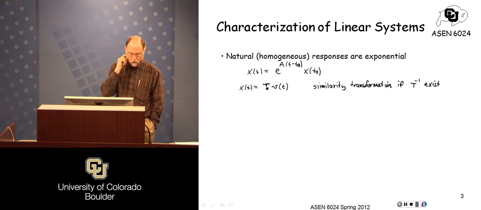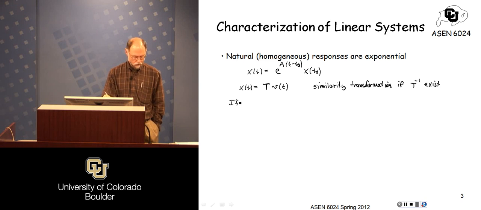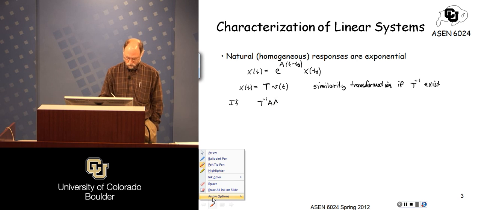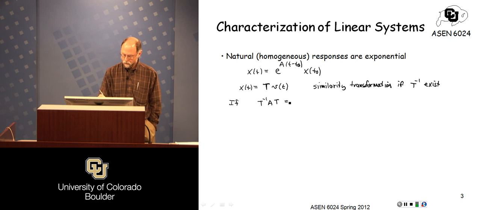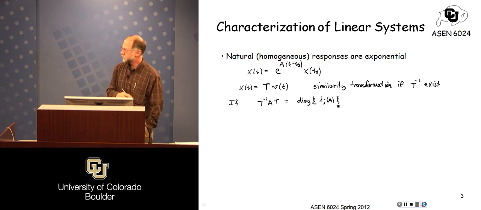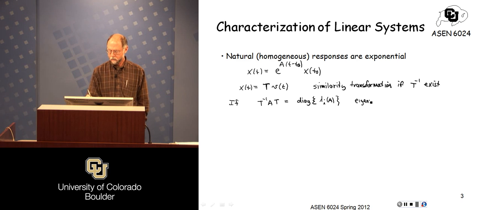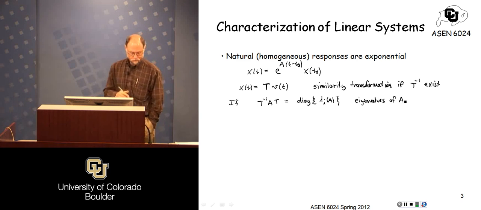Okay, that's all t is really, a coordinate change. But if we pick a special coordinate change, if t is such that t inverse a t is diagonal, then it turns out the elements on the diagonal are these lambda i of A, the eigenvalues of A. Nice thing about doing that is now if I go back in and replace x of t with tv, so there's a couple ways to do this.